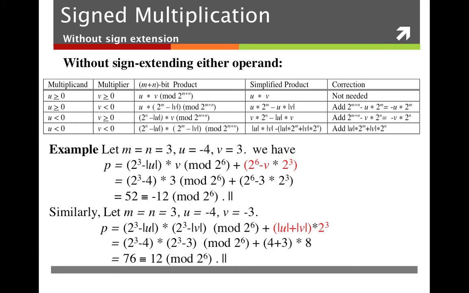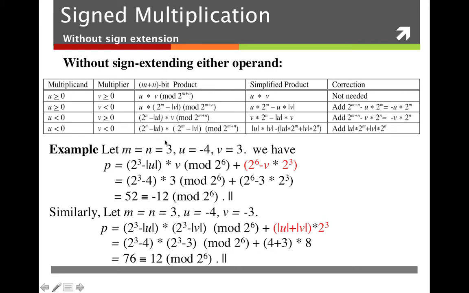And we still assume that the operands in our multiplications are represented in two's complement notation. So when we multiply them, we need to make sure that the product has the correct two's complement representation.